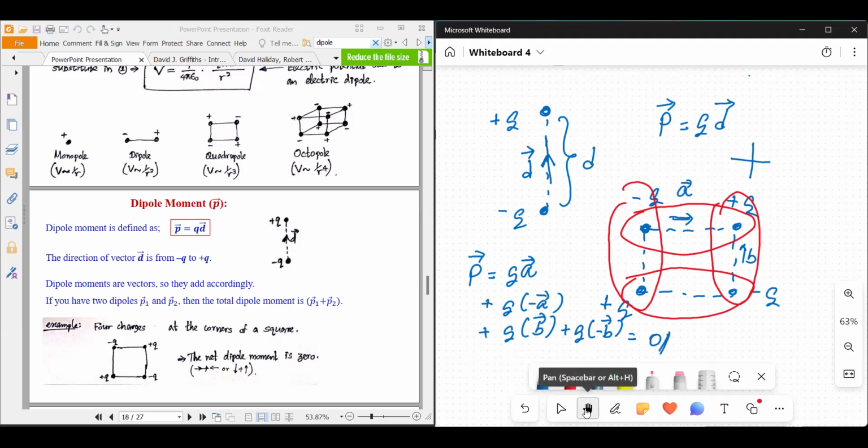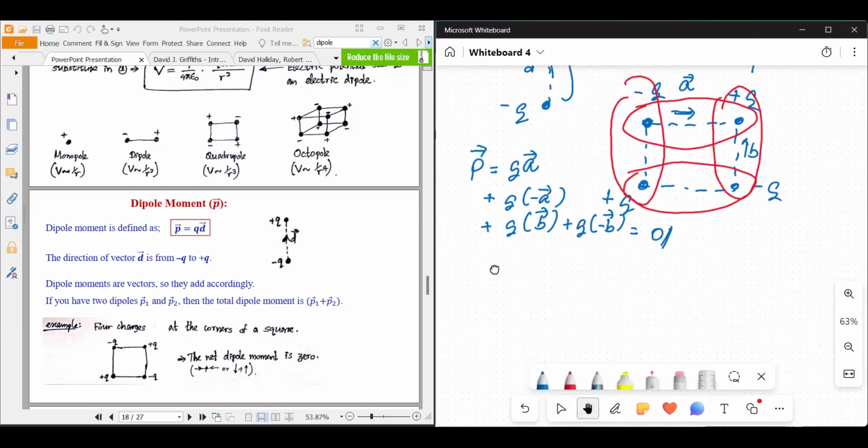Okay. So if you have 2 or more dipoles, then the total dipole moment can be calculated by considering the vector summation of those dipoles.